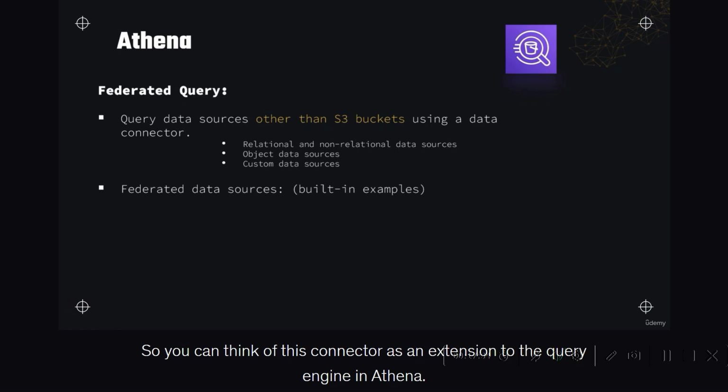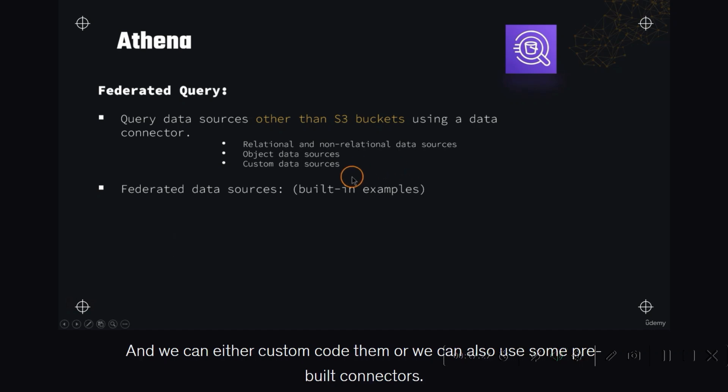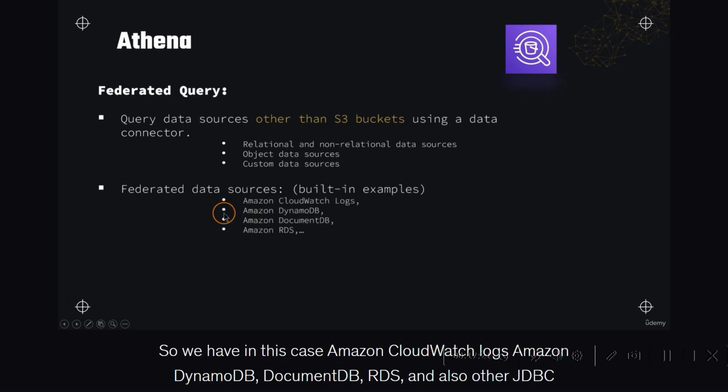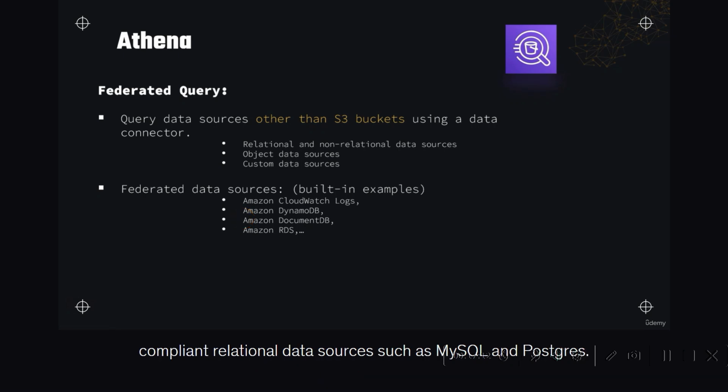So you can think of this connector as an extension to the query engine in Athena, and we can either custom code them or we can also use some pre-built connectors. So we have in this case Amazon CloudWatch logs, Amazon DynamoDB, DocumentDB, RDS, and also other JDBC compliant relational data sources such as MySQL and Postgres.